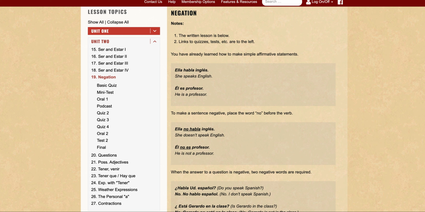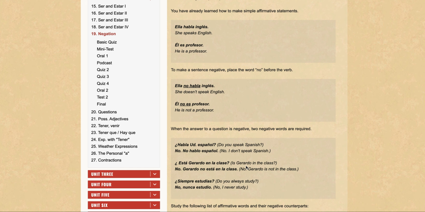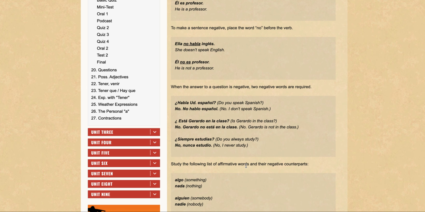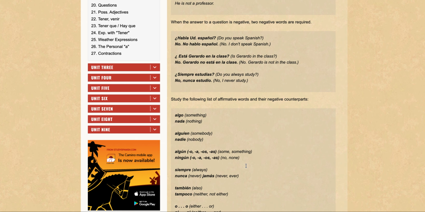We have been going through negation, and we've been seeing the different rules involved in this process, like negating an affirmative sentence by placing a no before the verb. We've seen how we can use two, three, even four negatives in a sentence.